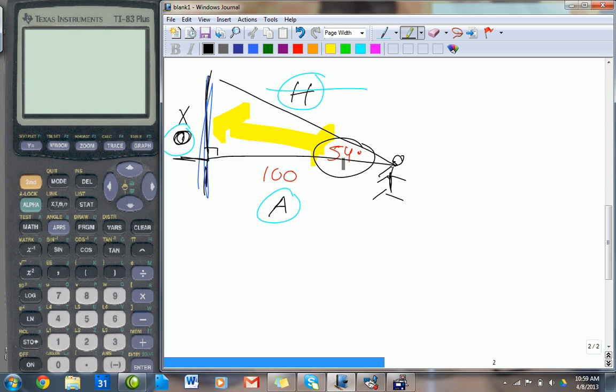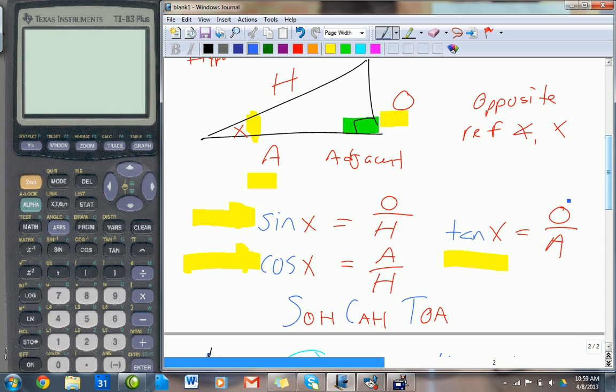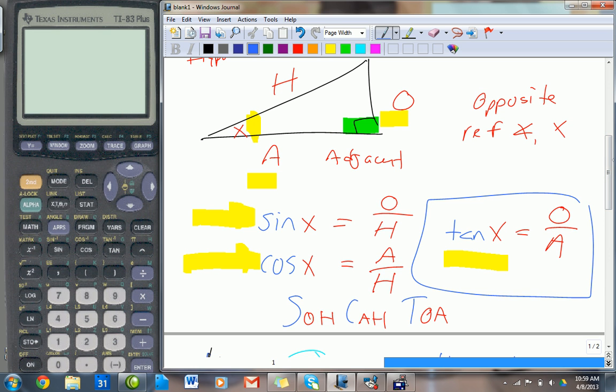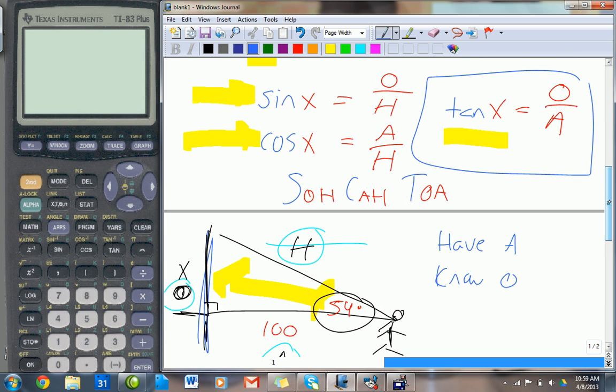What I have is the adjacent side, and I want to know the opposite side. So I'm going to use that relationship that has the O and the A in it. I'm looking for the opposite, O, and I have A, so I'm going to use a tangent relationship.